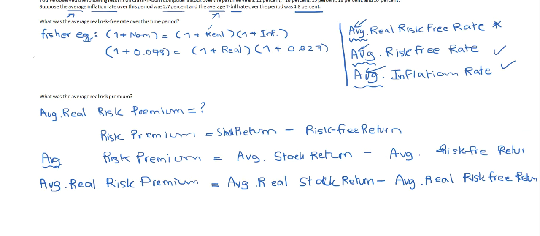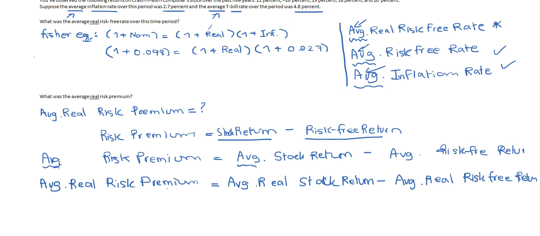So first step, if you need just to simplify risk premium for individual stock at individual year, you simply subtract stock return of individual year with the risk-free return of individual year. But if you need to find average risk premium of individual stock over certain number of years, then you need to find average stock return over that certain number of years with the average risk-free return over the same period.